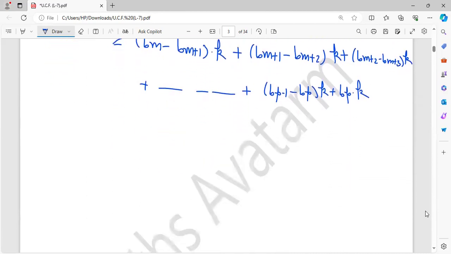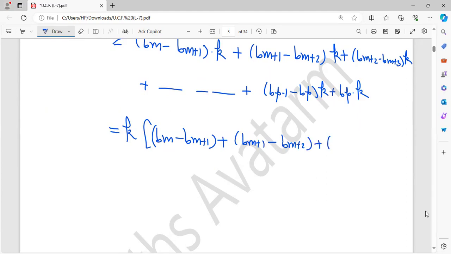So take K common: Bm minus Bm plus 1, plus Bm plus 1 minus Bm plus 2, plus Bm plus 2 minus Bm plus 3, up to Bp minus 1 minus Bp, plus Bp.